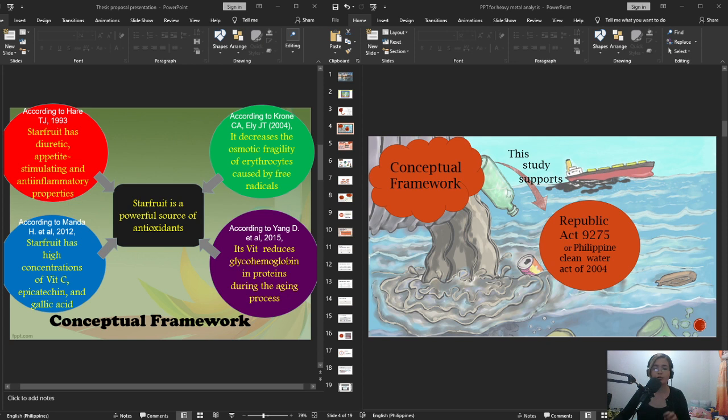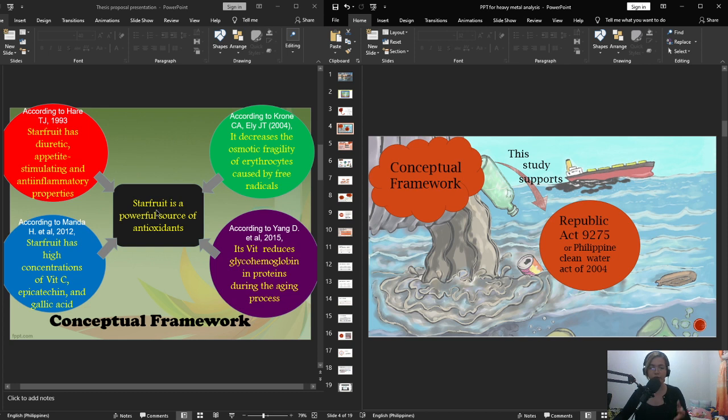Okay, so for conceptual framework, you just make a diagram, on the left side of your screen, or the right side of your screen, because these are the different concepts from the different articles that you have read. For the left side, different articles that support that there is a powerful antioxidant in the star fruit.